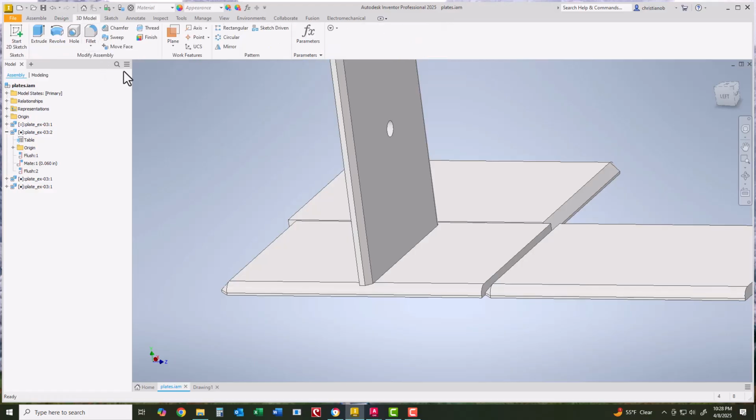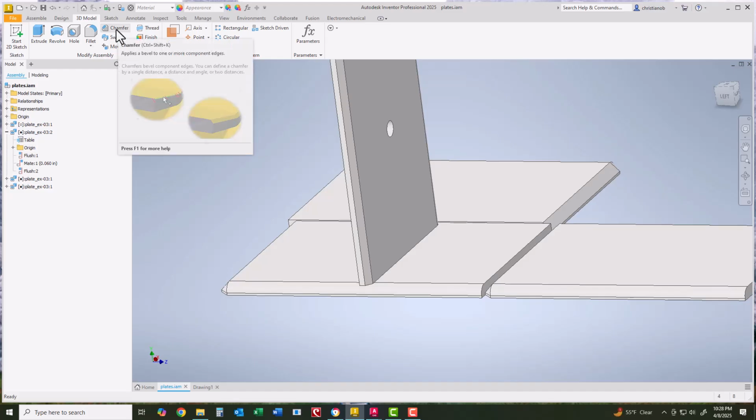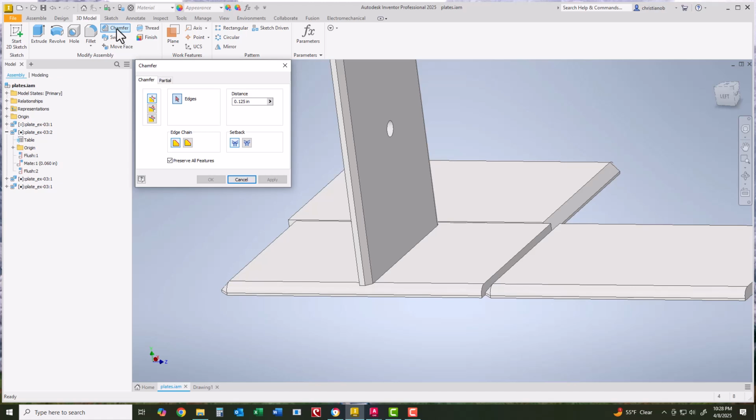I don't think I can do this in 3D. If I try to put a chamfer in there, it's going to put a chamfer. I need surfaces, not chamfer. This software does not lend itself to that.